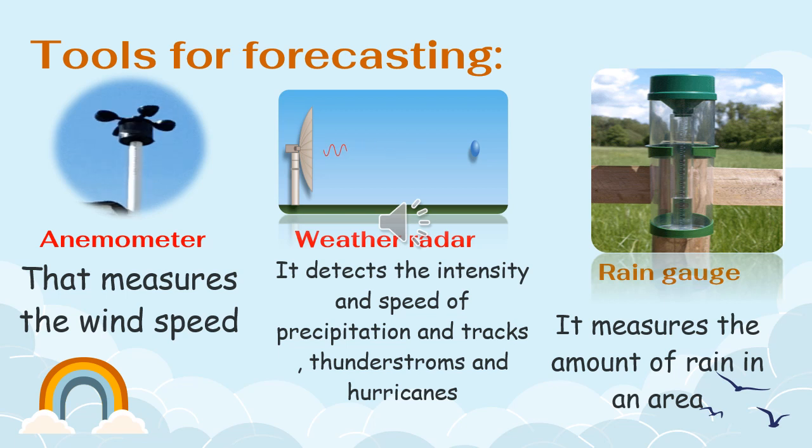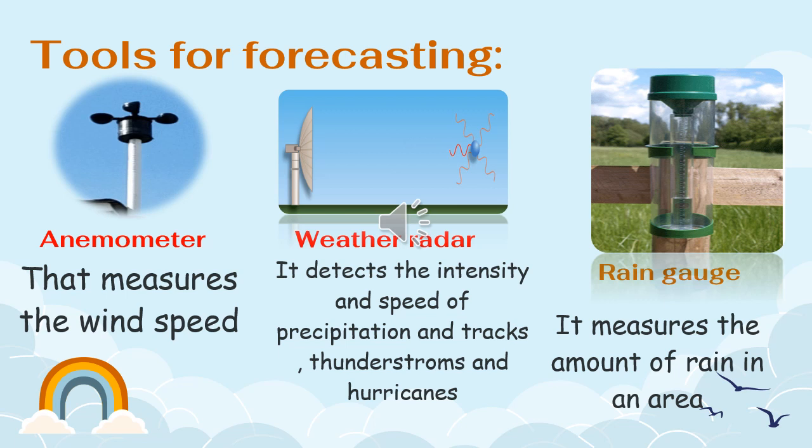Weather radar. The weather radar produces electromagnetic waves. The electromagnetic waves move until they hit precipitation or wind, and then they come back to the weather radar. So the weather radar can measure the speed of the precipitation or the wind.